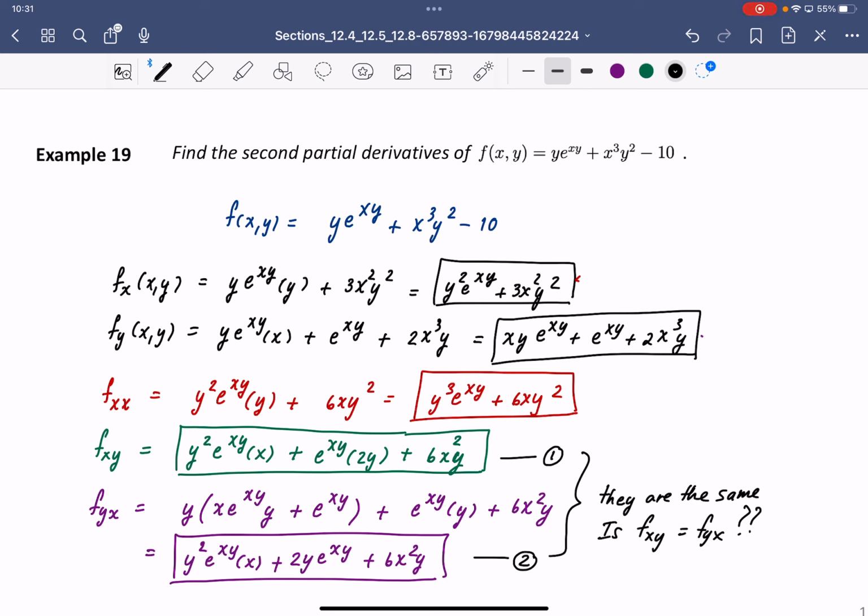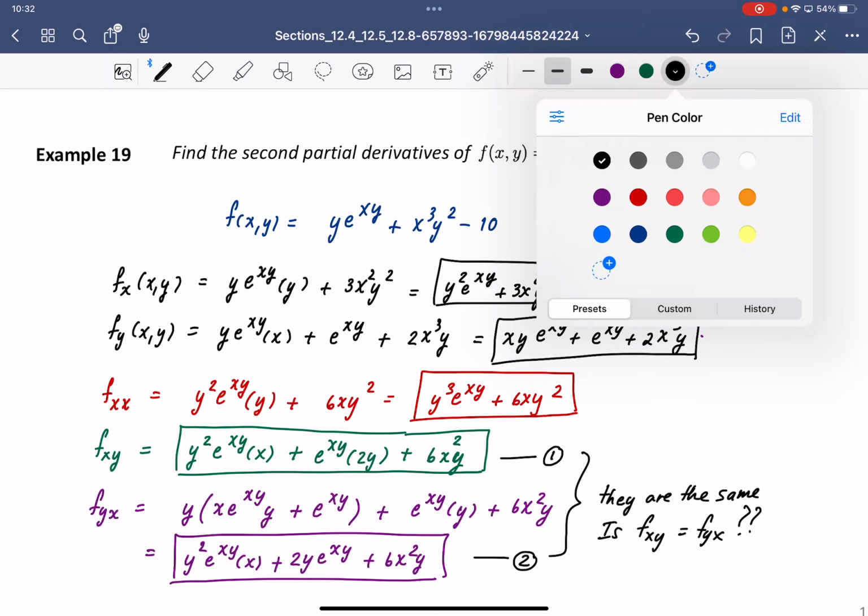This is our question. Is it always that when you differentiate x first and then followed by y, and y first followed by x, they are equal, or is it just a coincidence? We're going to have the theorem on the next page to show you that it is not always the case that they are the same, but you need some condition to make sure that they are the same.